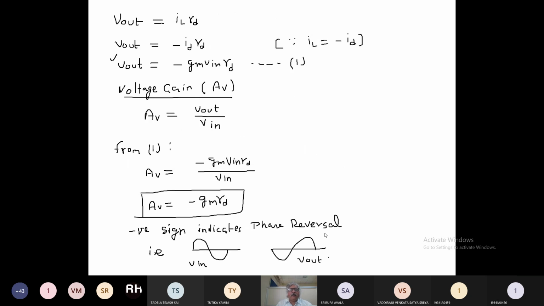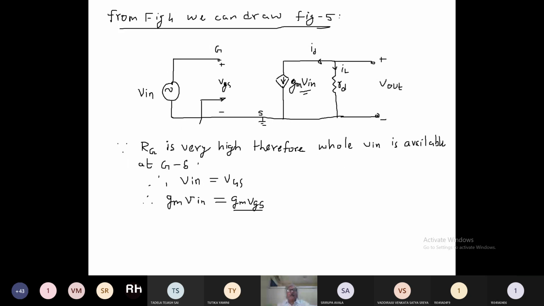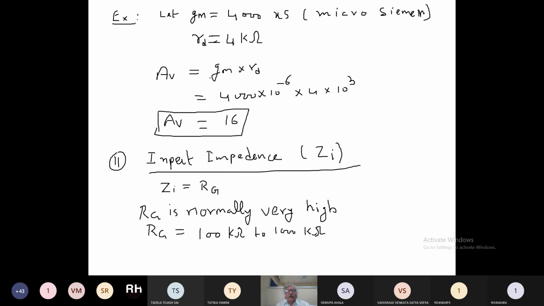So here in this figure we have removed the RG, thinking that its value is very high. So it seems like an open circuit, but in fact it is not exactly an open circuit. Open circuit means infinite resistance, but that is not the case. Its value is very high, normally in the range of 100 to 1000 kilo ohm.